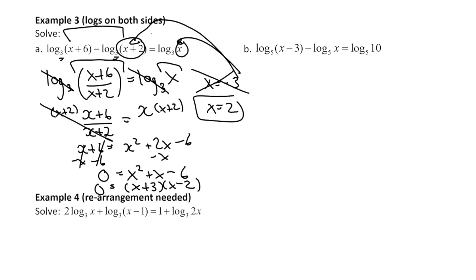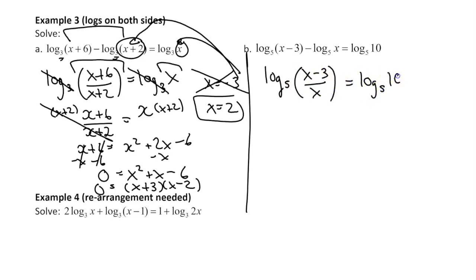Okay, now for this next question, these are starting to get a little bit repetitive. I could say it's log base 5 of (x minus 3) over x equals log base 5 of 10. They're both log base 5s, so I can drop the logs and I have (x minus 3) over x equals 10.